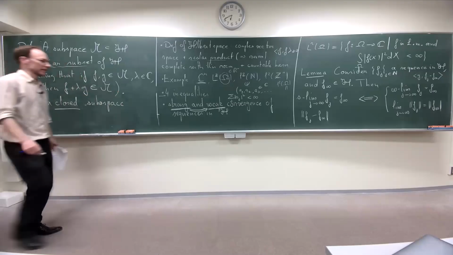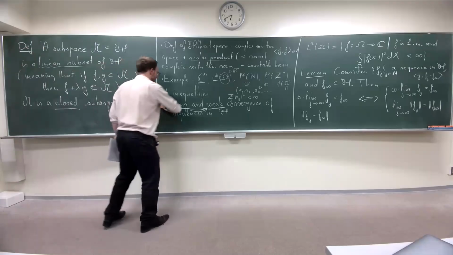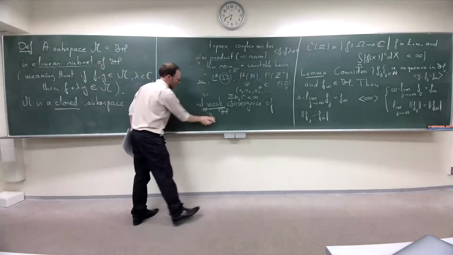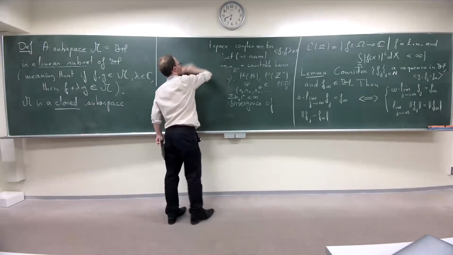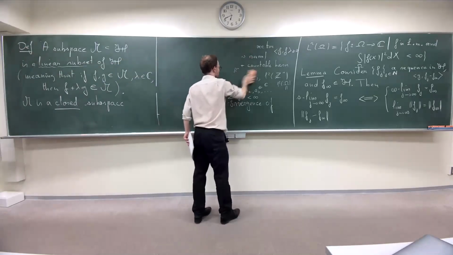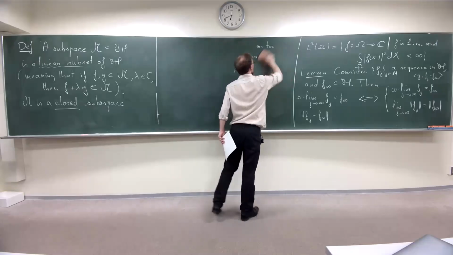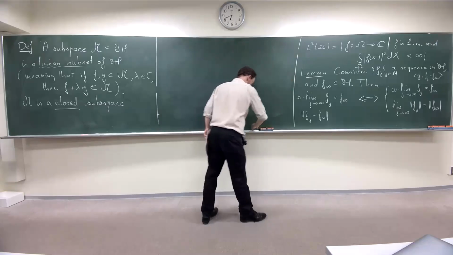We have already seen the notion of closed with topology. But essentially, this is for finite dimensional spaces. Here, the Hilbert space is often infinite dimensional, so we need a more precise notion.